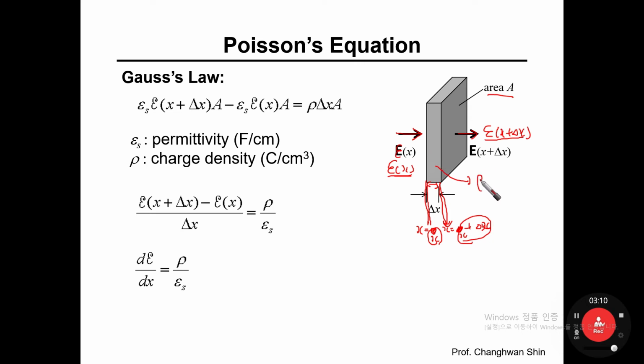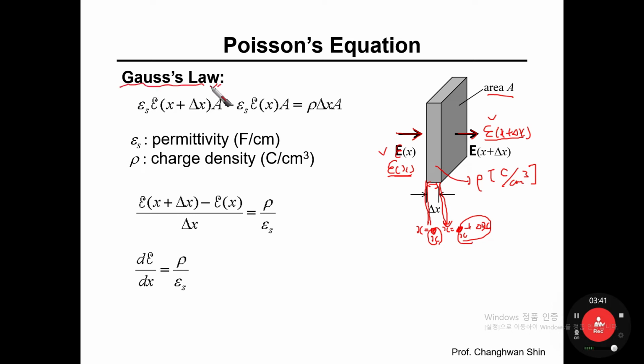If the charge density is denoted as rho, in units of Coulomb per cubic centimeter, then as long as this rho is non-zero, the electric field intensity before and after getting into this small cube should change. So how does it change? That physical event can be explained with Gauss's law.